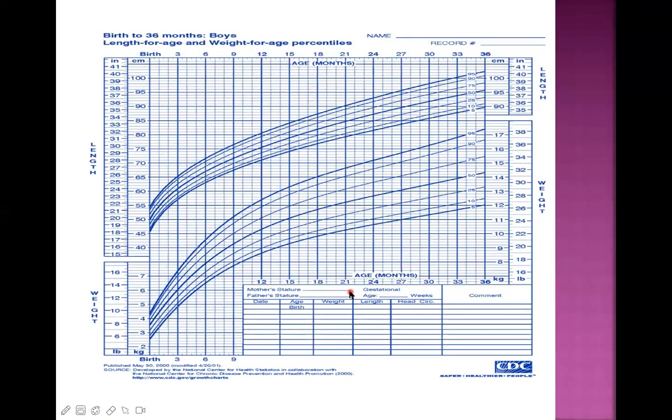What I'm talking about here is, this y-axis is for the weight, and this x-axis is for the age. This is a percentile chart developed by CDC, from birth to 36 months of age, and it is for boys. Boys and girls have different charts.